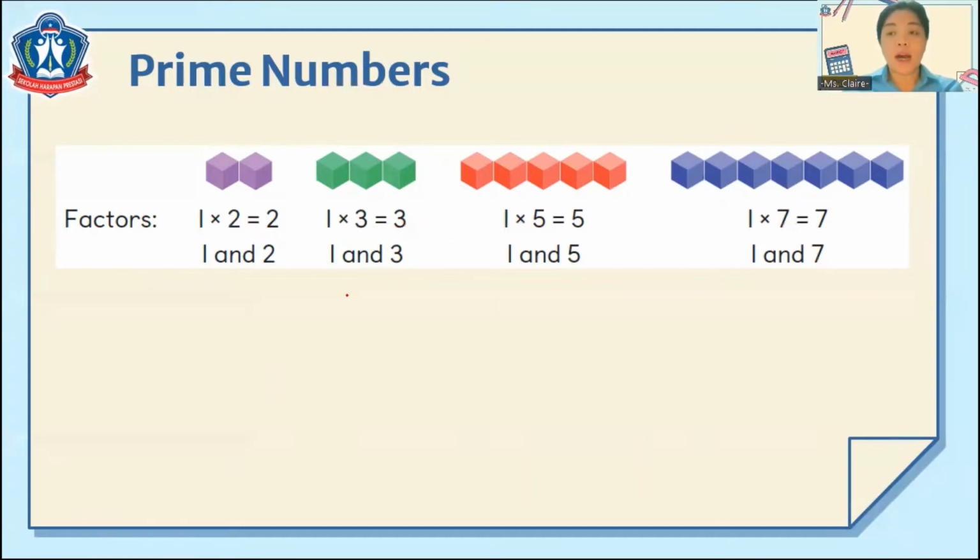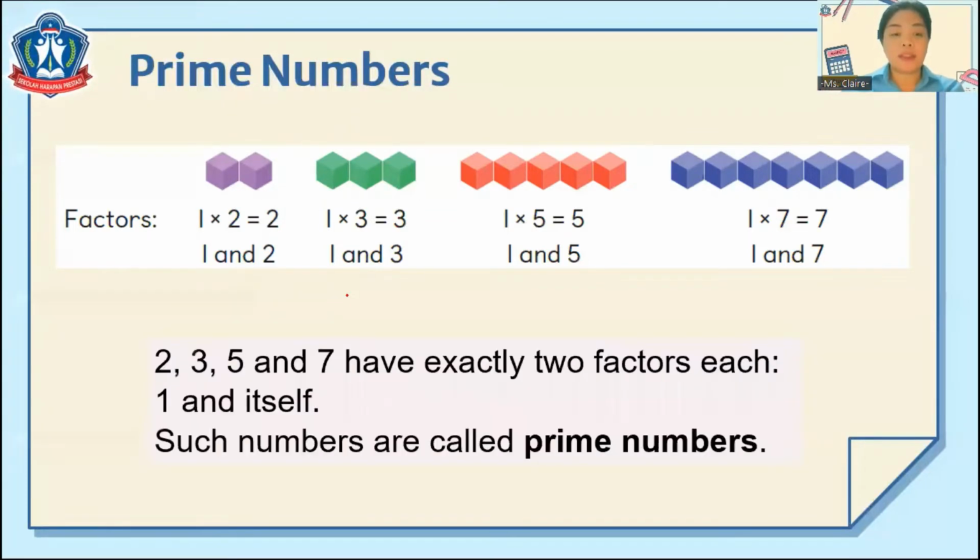So 2, 3, 5, and 7 have exactly 2 factors: 1 and itself. And these numbers, children, are what we call prime numbers. So prime numbers have exactly 2 factors, 1 and itself.